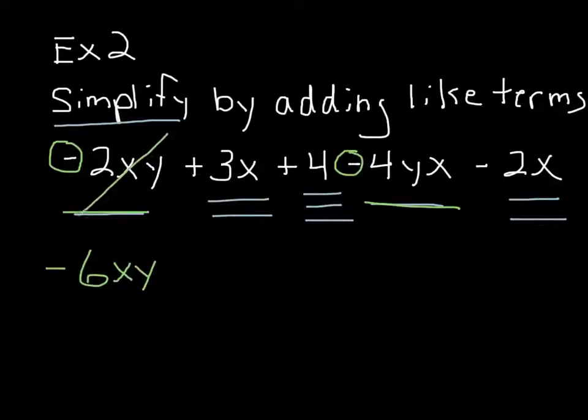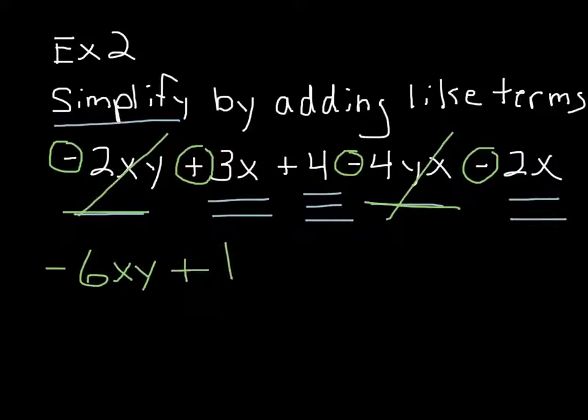Now I've taken care of these like terms. Now I'm going to take care of the other set of like terms I underlined, the 2-liners. I look at the sign in front. I have a +3 and then take away 2, so 3 minus 2. Well, 3 take away 2 is 1, positive, so plus.